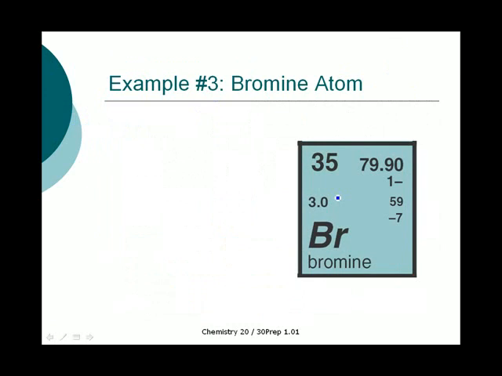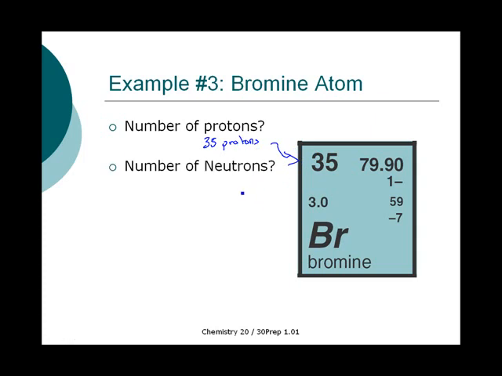So here we're taking a look at the bromine atom, just as an example. The number of protons for this bromine atom would be 35. And that we just get from this corner here. For the number of neutrons, we have to do a little bit of math.